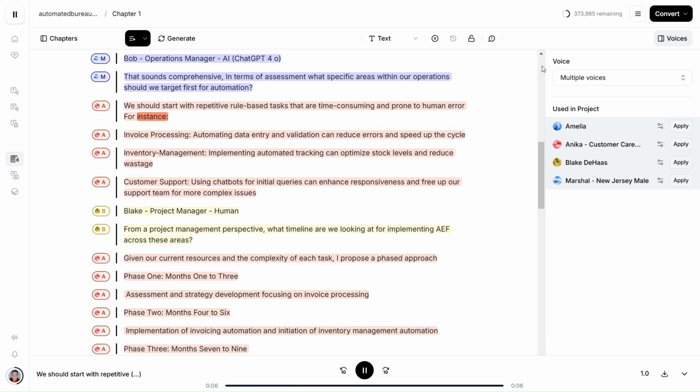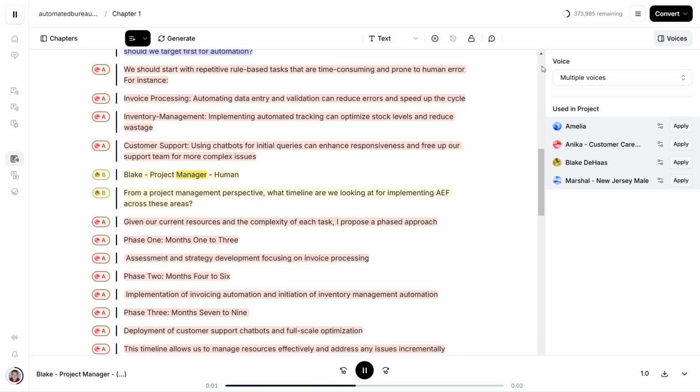For instance, invoice processing: automating data entry and validation can reduce errors and speed up the cycle. Inventory management: implementing automated tracking can optimize stock levels and reduce wastage. Customer support: using chatbots for initial queries can enhance responsiveness and free up our support team for more complex issues.